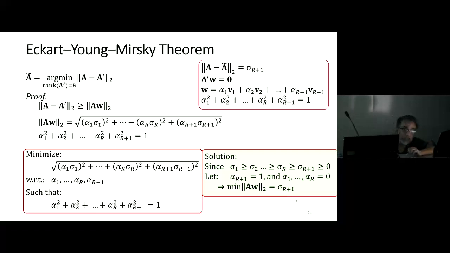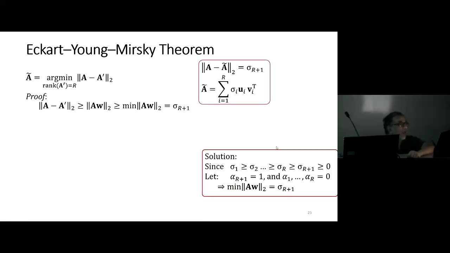Okay, any questions with this? Okay, so this is our solution. The L2 norm of AW is always greater than or equal to the minimum, and that's sigma r plus 1.